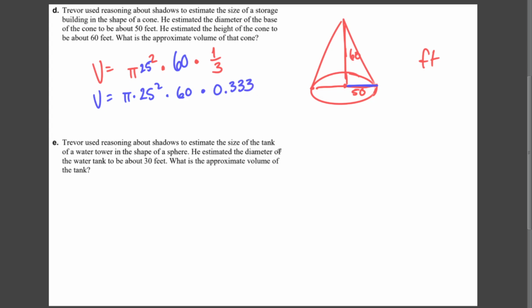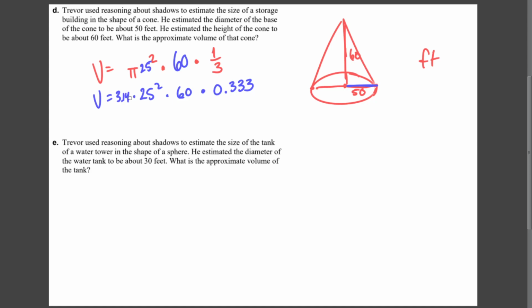Cool? This is infinitely repeating, but as long as you get down to the thousandths place, then you should be good. All right. And then of course, pi, you can either leave pi in the answer, or you can do pi as 3.14. So I'm going to do all of these together.